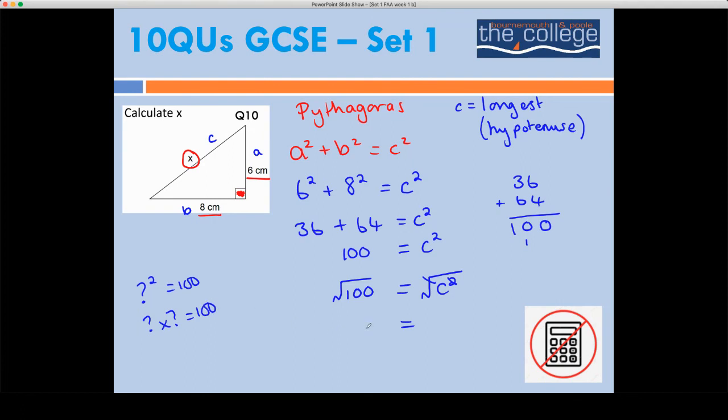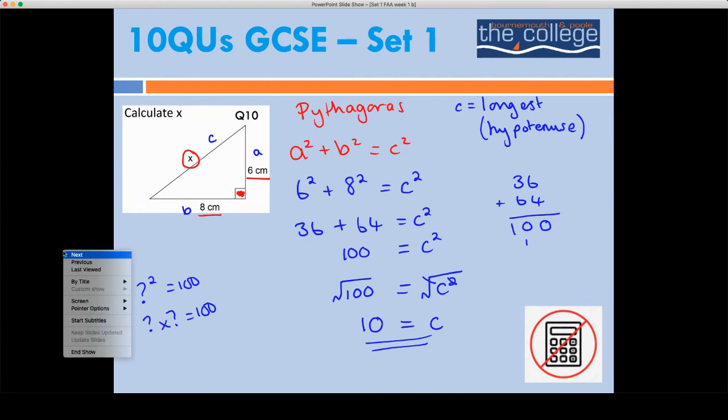And hopefully you all know that 10 times 10 is 100, so 10 equals c. Okay, so that's quite straightforward. It's actually based on a 3-4-5 ratio triangle, so you've got nice numbers going in, nice numbers coming out to get a nice round square root.